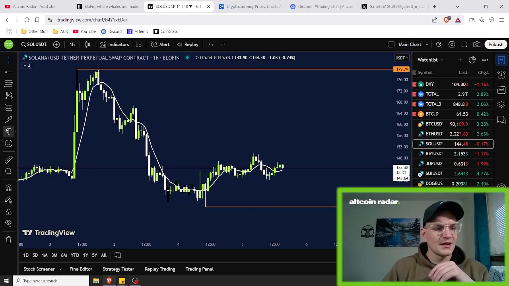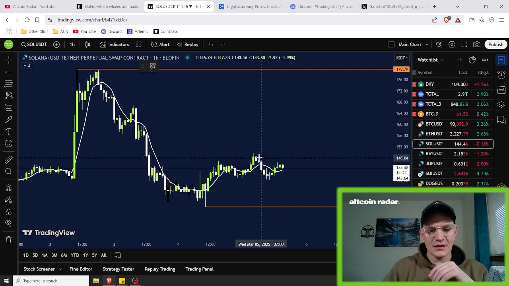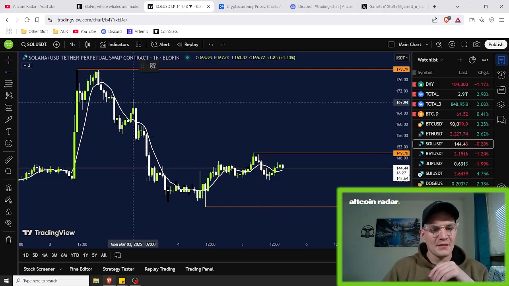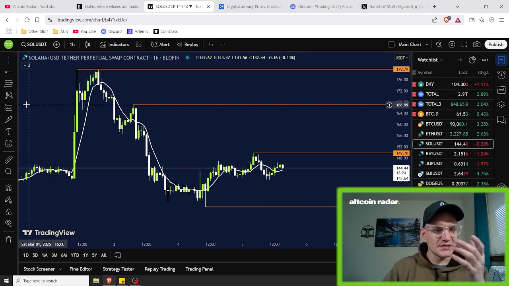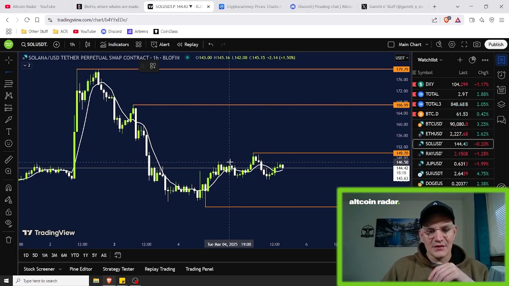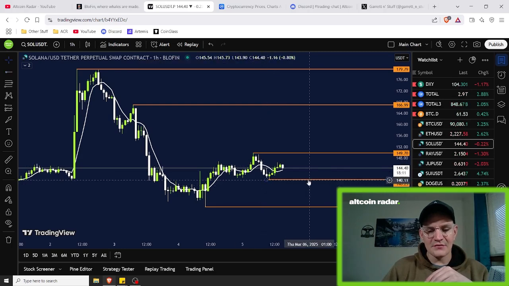Then right up in here could be considered a resistance area, and up in here would be considered a resistance area. Technically you've got another area of resistance right in here too, but that's still forming. So you've got another layer of support right in there.